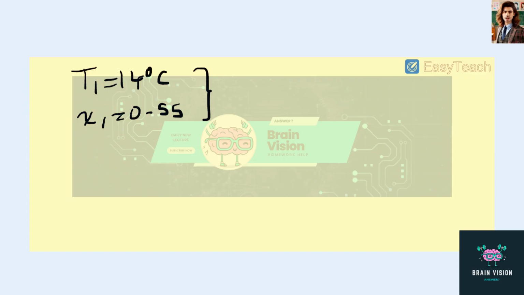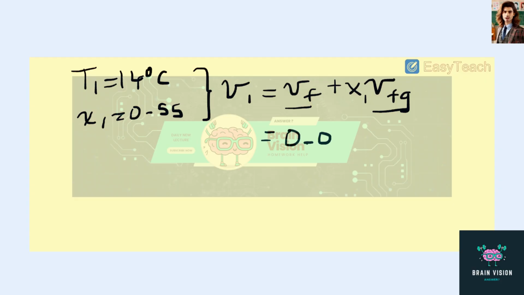We can write the specific volume at 1 as V1 equals Vf plus x Vfg. Vf and Vfg are quantities that we can get from the table. And x, as we know, is 55%. So this gives us a specific volume at 1 of 0.02427 meters cubed per kilogram.